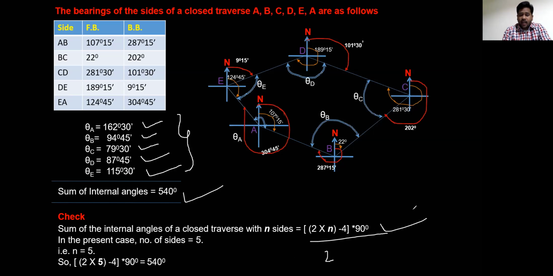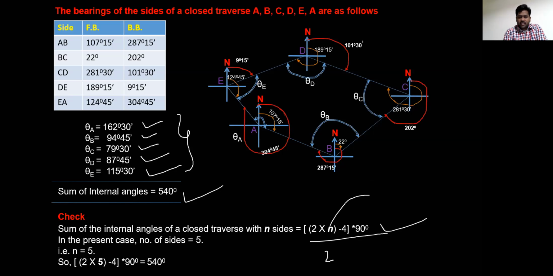Whether this matches your sum of the interior angles tells you whether the calculated interior angles are right. What is n here? N is nothing but the number of sides or the number of stations. The number of stations in this particular problem is 5, so I have taken n equal to 5.